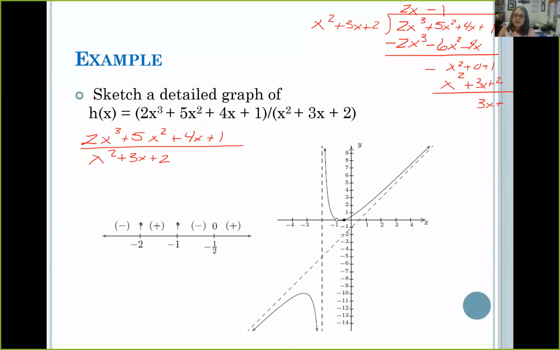So what that means is that this thing would simplify to 2x - 1 plus (3x + 3) over (x^2 + 3x + 2). Now here's the deal. This first part defines the oblique asymptote.